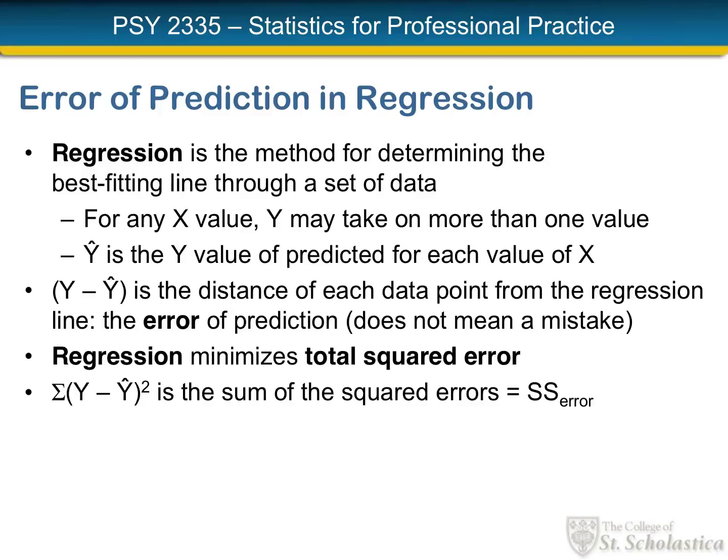And we've heard that phrase before about total squared error, and we've seen it when we did analysis of variance, and we could talk about a sum of squares that was due to error. So I think you may be beginning to see that our regression and our analysis of variance have a lot in common.